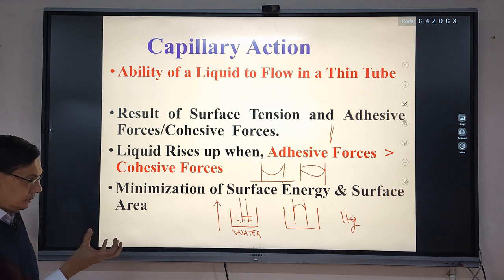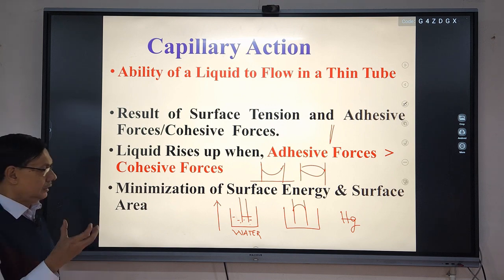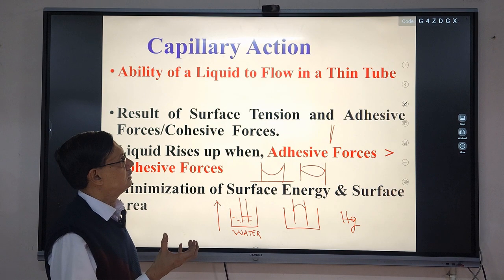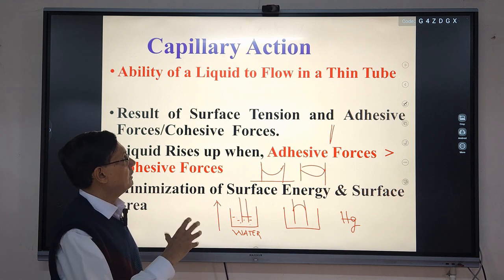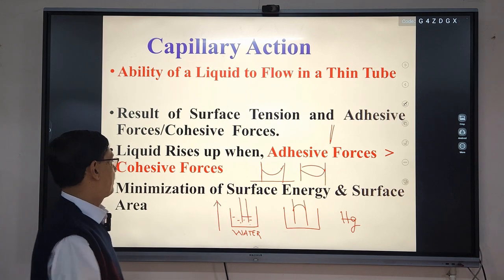And today I am going to discuss a very important equation, called the Laplace equation, which gives some elementary idea about the capillary action and the curved surface.